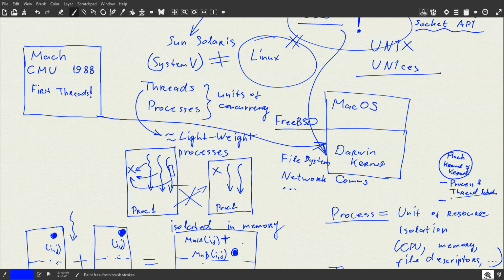And outside of that, that's how Darwin looks like. Outside of that, there are components coming from FreeBSD. FreeBSD itself appeared in 1992.